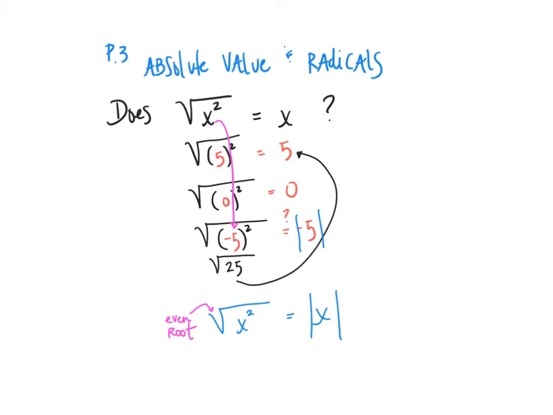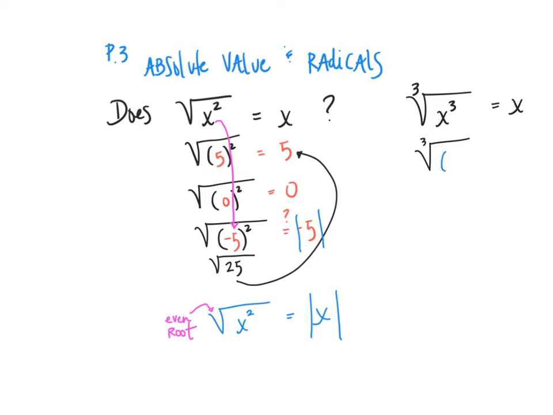Now let's look at an odd root, and let's just do the most basic one. How about the cube root of x to the third power? Most of you, your natural instinct is to say that also equals x. My question to you is, does it always equal x? Well, you can try your positives.